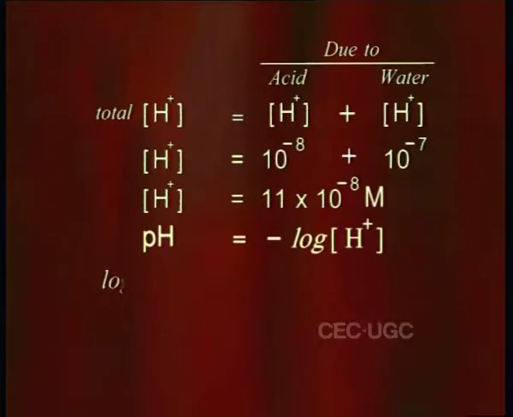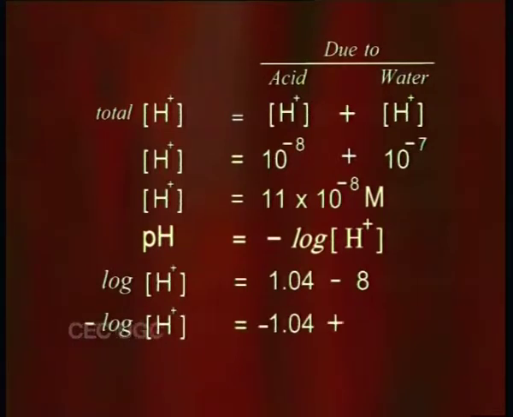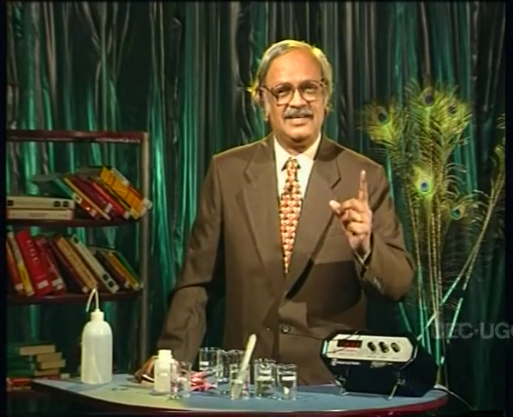When you take the logarithms on both the sides, log H plus is equal to logarithm of 11 into 10 to the power of minus 8, and take the minus log H plus value, which is equal to pH. The pH comes out as 6.96, which is less than 7. That is, the HCl acid is still an acid and not a base.